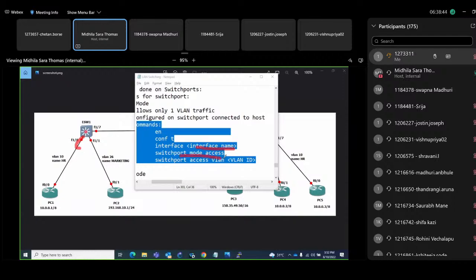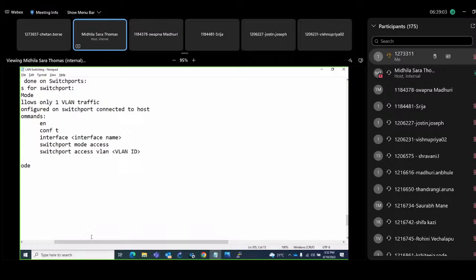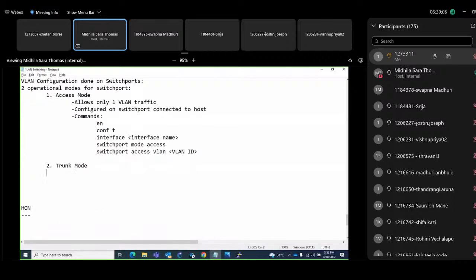I'll say I am going to configure you as access mode, and which VLAN traffic will travel through it? VLAN 10. Yes, exactly. Now is this clear? Yes? Now it's easy.